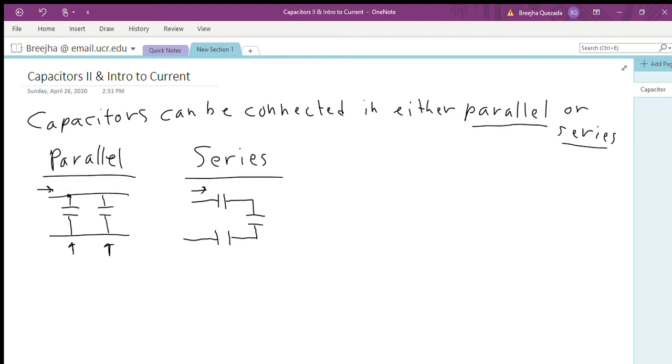One thing I really wanted to illustrate, just to make it super clear, is you can't always depend on the shape to determine what is in series and parallel.